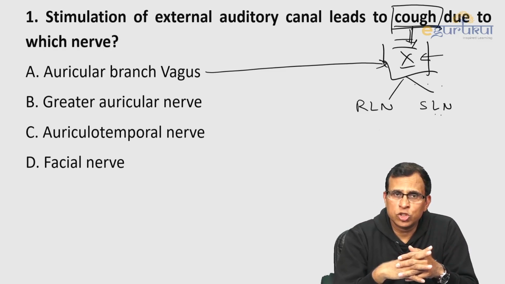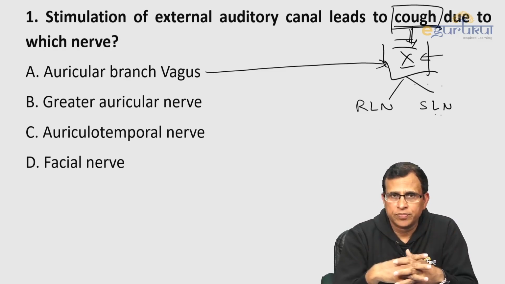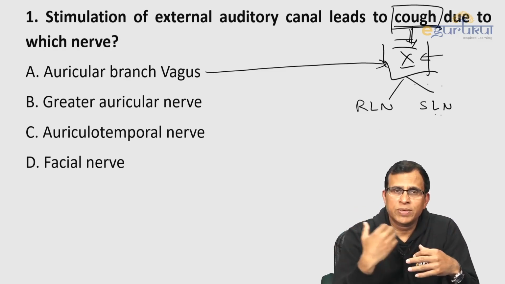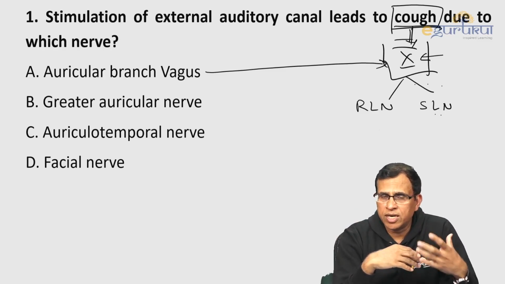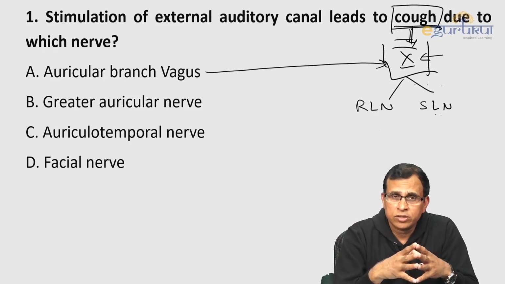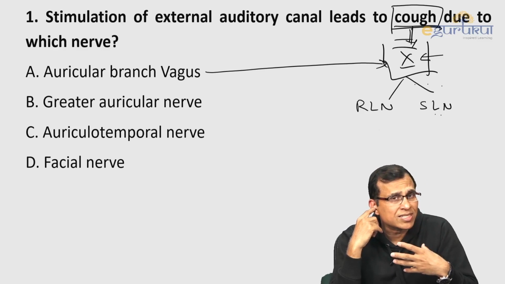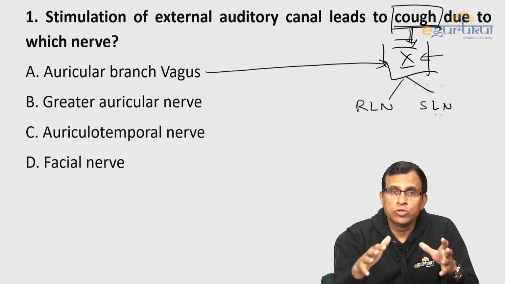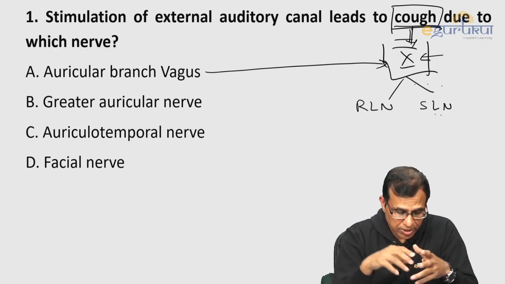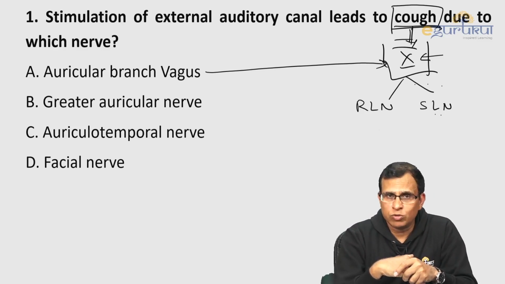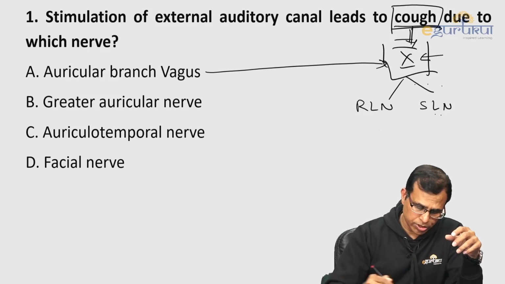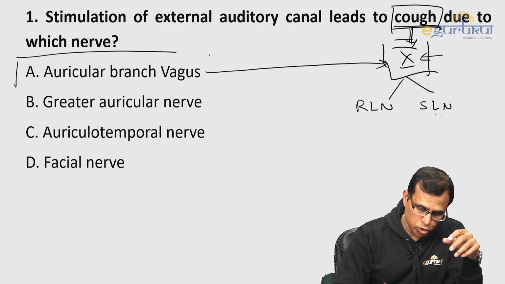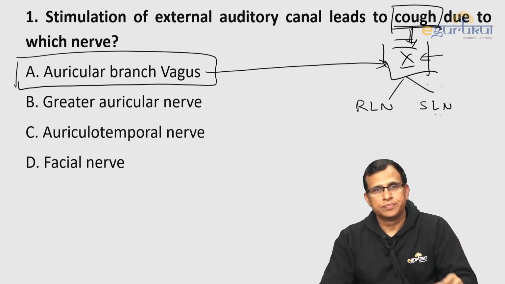Because when the vagus gets stimulated, cough reflex is okay. But vagus also supplies the heart, and if you stimulate the vagus in the heart, then it causes bradycardia. So when you're cleaning the canal, cough is a sign that the patient might be going into bradycardia. So it's a sign for you to stop cleaning the canal. That's the importance of this question. But the answer to this question is the auricular branch of the vagus, right?